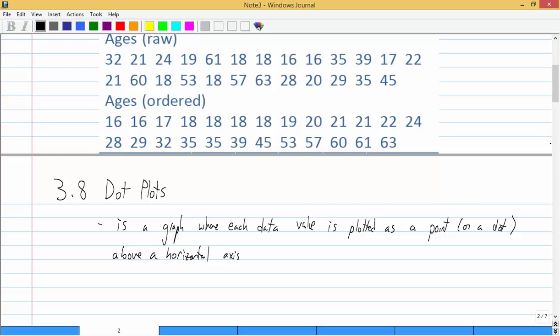Dot plots can be used to help you organize data in a way that maybe you haven't seen before.